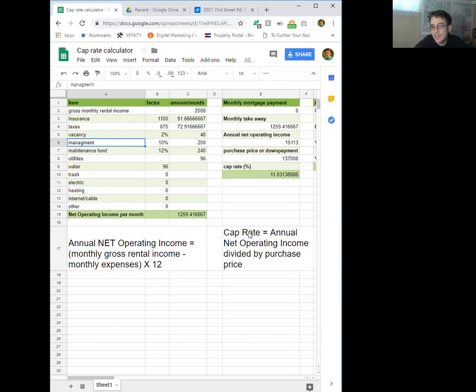Basically the cap rate formula is annual net operating income divided by the purchase price times 100 to give you that percentage number. Cap rates usually fall within the ballpark of 2% as a low, conservative cap rate to 15% as a potentially risky but lucrative cap rate.